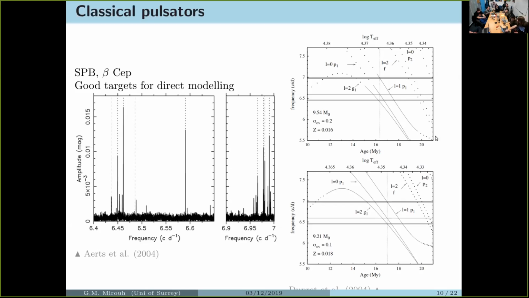What you want to do is match the slanted solid lines, your modeled excited modes, with the horizontal solid lines, the observed frequencies. And that happens for these two models. They have different masses, as you may see in the corner here, different overshooting parameters, different metallicities, and you find slightly different ages. The point I make is that the age is pretty safe for the star, while the mass, they actually add some extra information to pick 9.54 rather than 9.21.